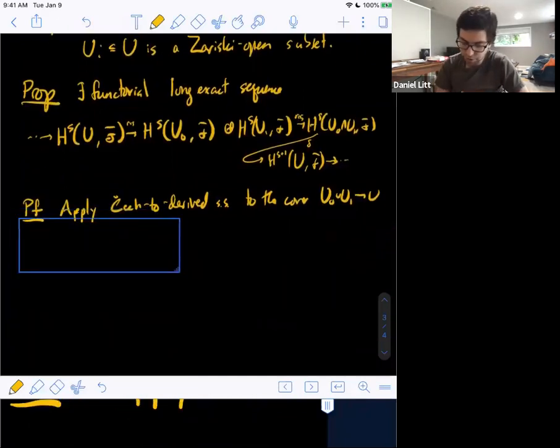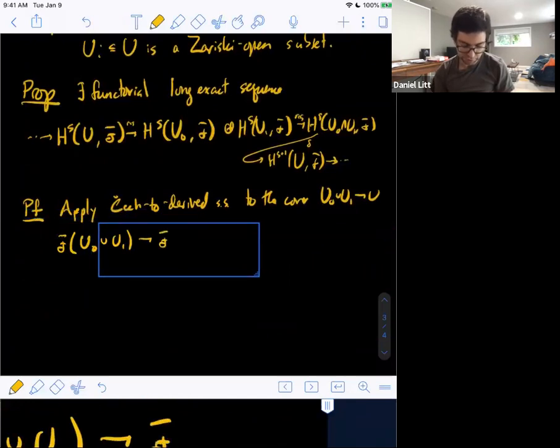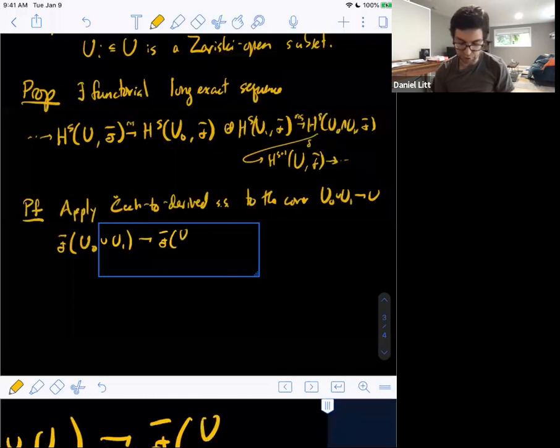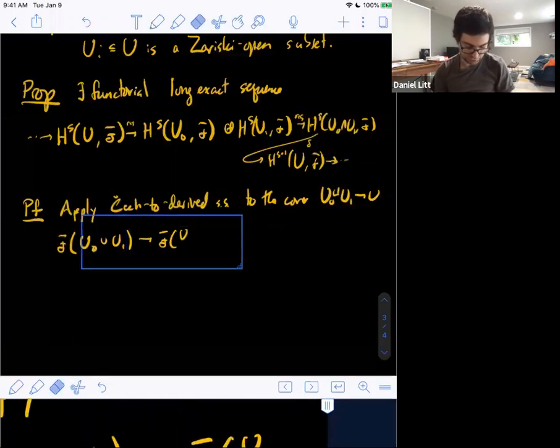So what does the Čech-to-derived spectral sequence tell us to do? It tells us to take F of U0 union U1. This maps to F of, sorry, this should be a disjoint union, not a union. The actual union would be U. So let me make these disjoint unions.